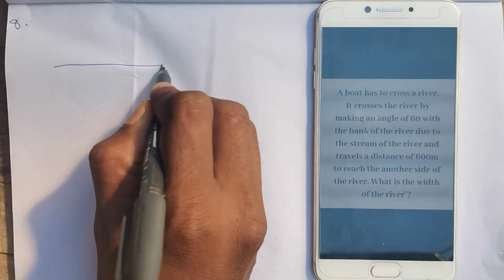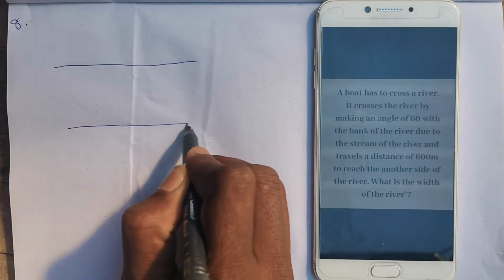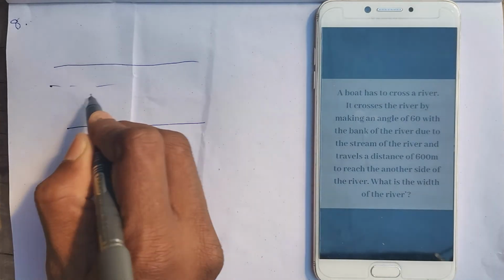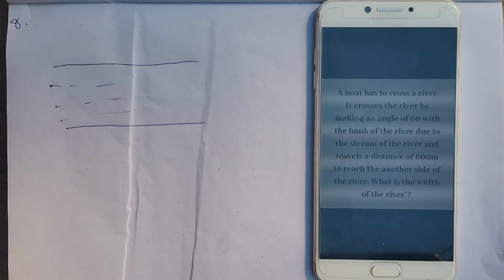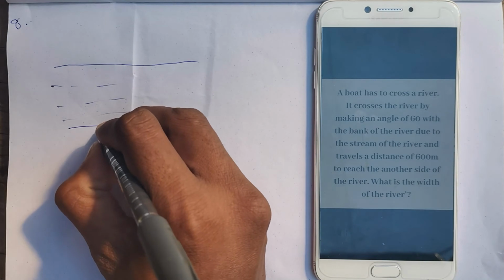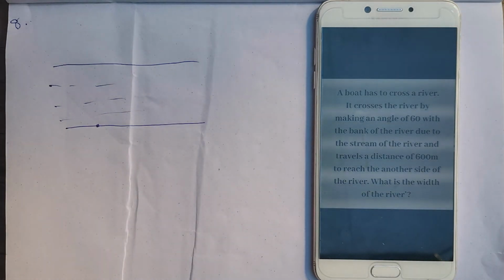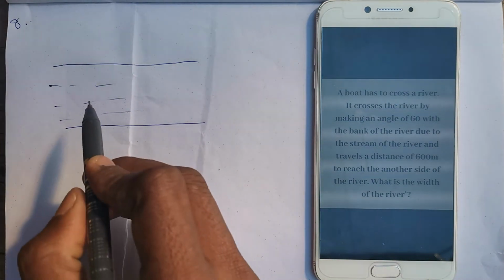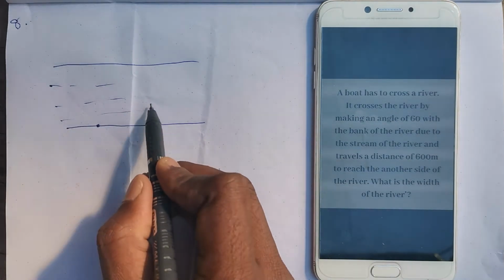So, one bank of the river and another bank of the river. Some water flow is there in that river. Now, from one of the points, a boat starts its journey. So here water is flowing.